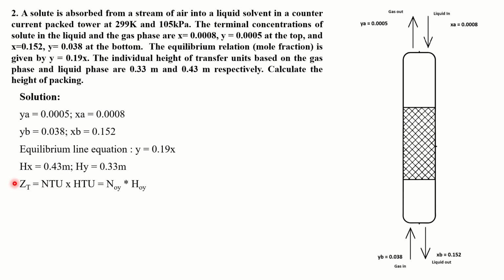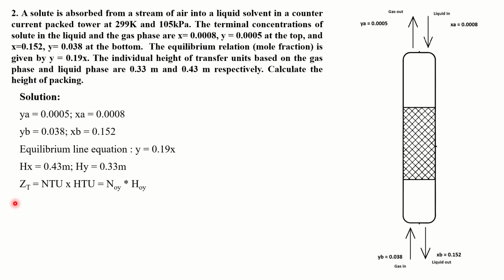So Zt is the height of packing, NTU refers to number of transfer units, HTU refers to height of a single transfer unit. That can also be written in the form of NOY into HOY, where NOY refers to overall number of transfer units based on gas phase, and HOY refers to overall height of a transfer unit based on gas phase.